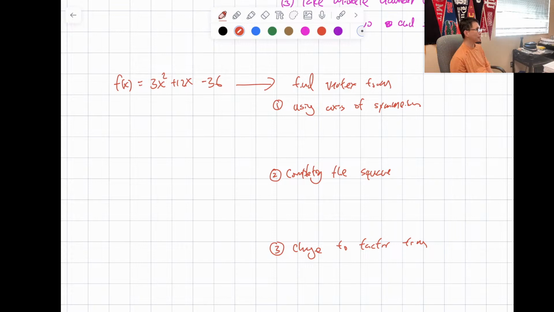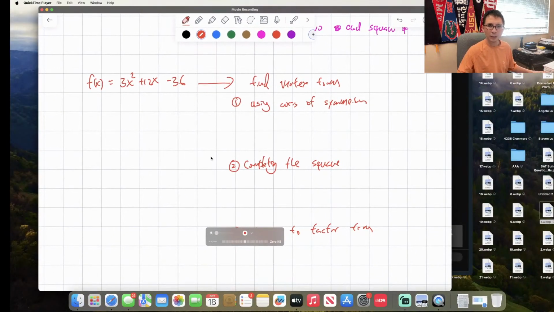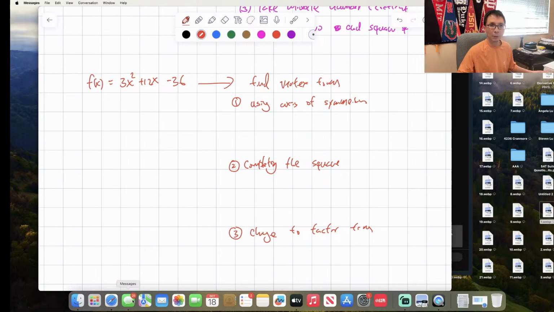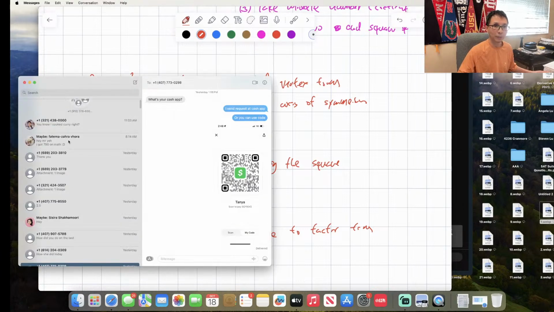One is the quadratic formula, where the numbers tend to be slightly bigger, but you've got to be able to handle it. I'm going to pull up an SAT question about quadratics. I'm going to show you.